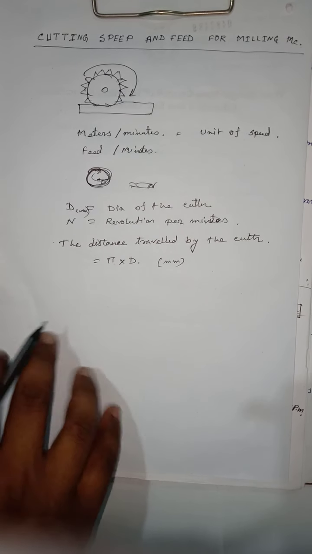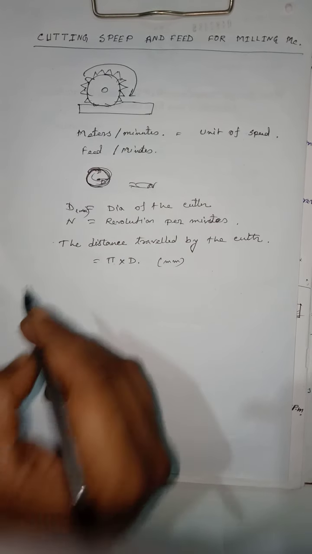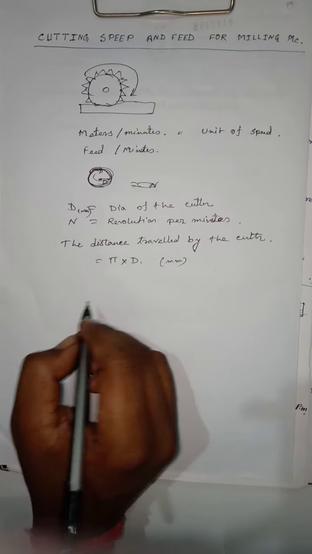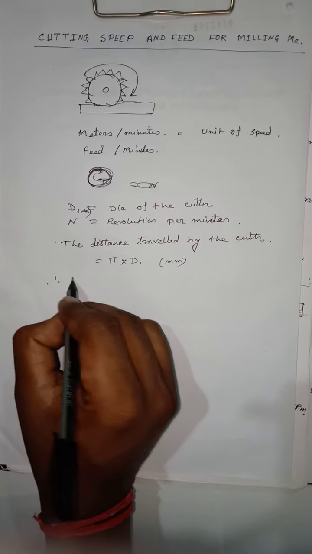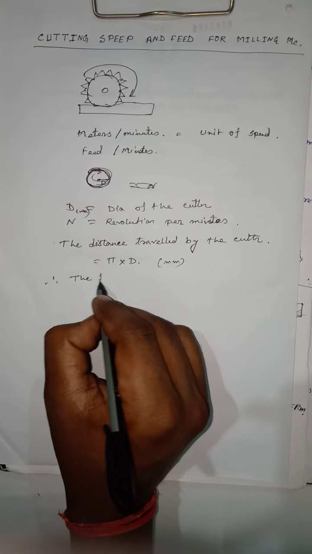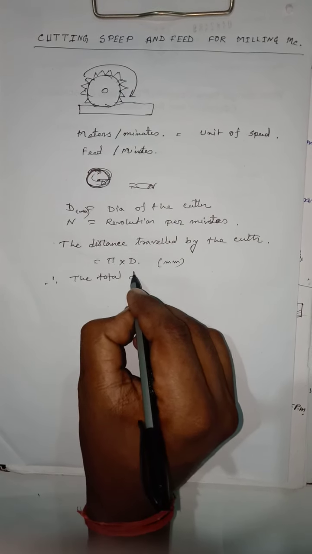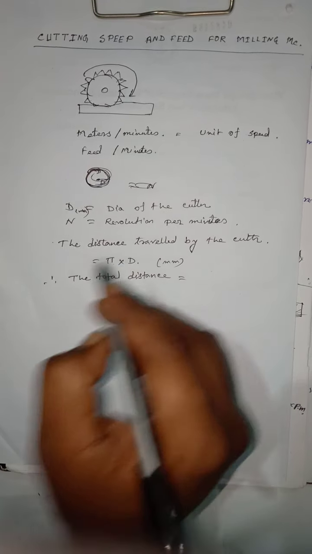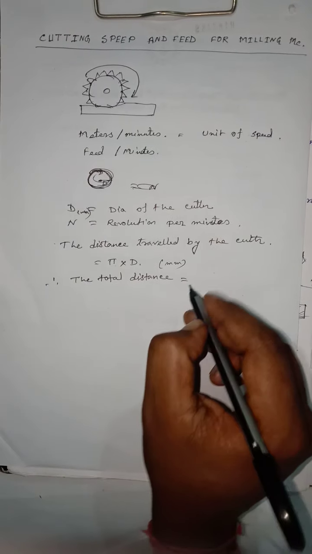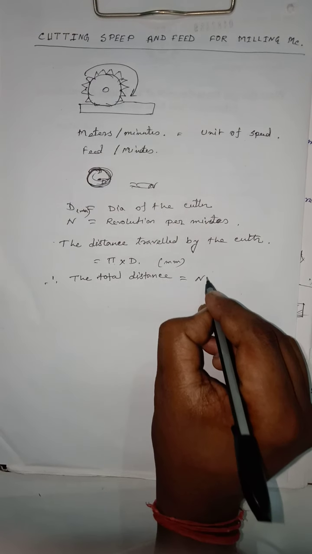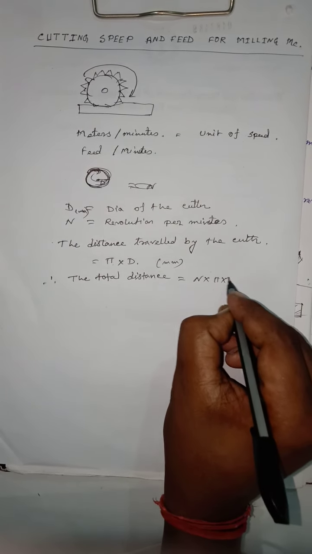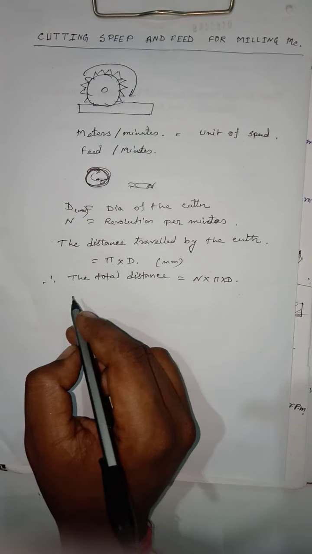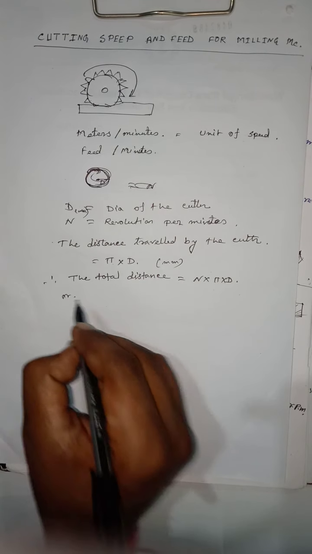So for the distance traveled per minute, if the revolution is N, then the total distance is N into pi into D.